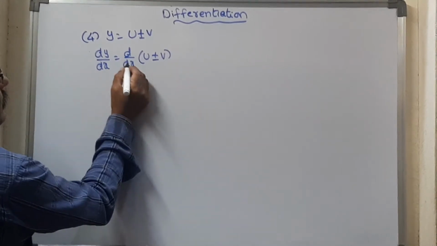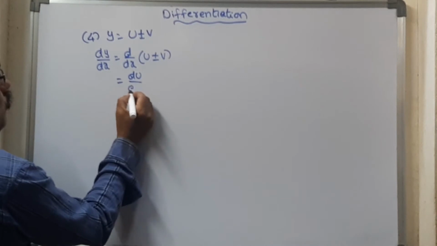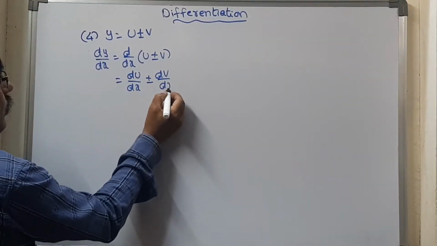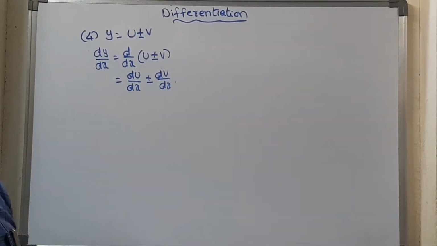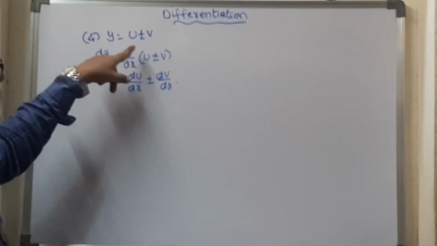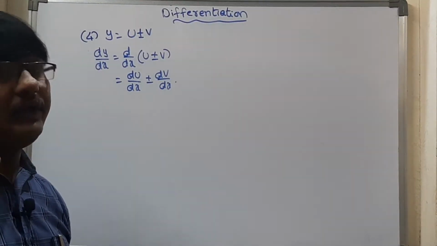We separate in each case, so it comes as du by dx plus or minus dv by dx. It is very easy, there is no difficulty. We take the differentiation inside the bracket, and every individual component we differentiate.